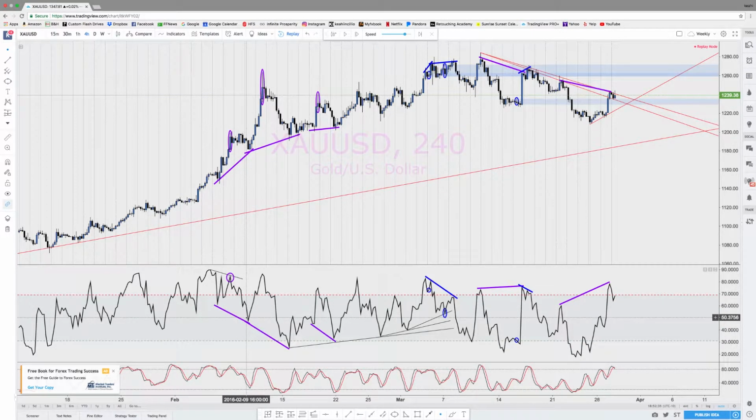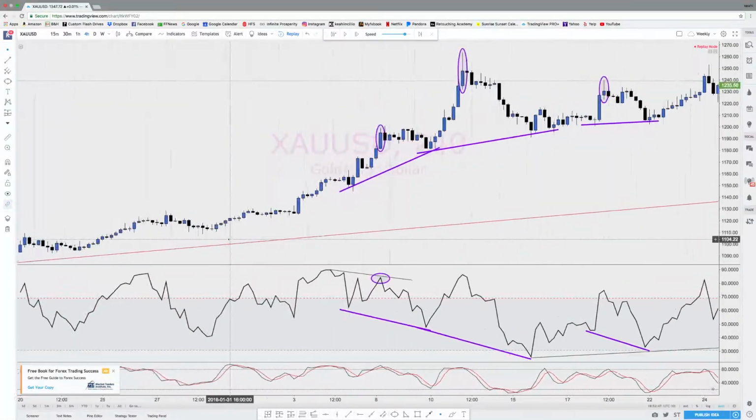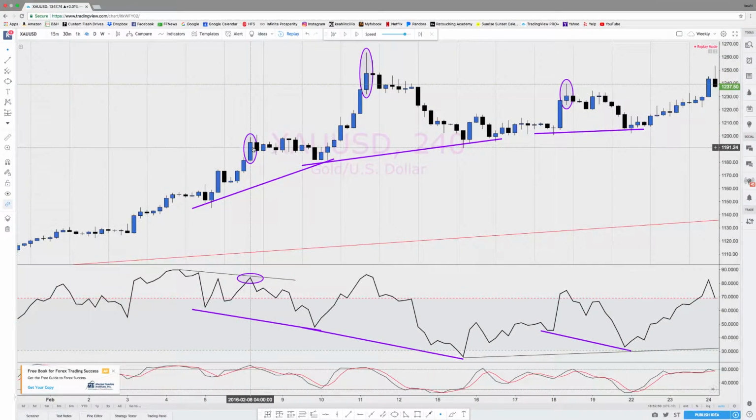So in order for this divergence to play out, there has to be a level price should break and then be able to create new highs. And the way I found out to find that level is by finding these zone candles. So if we look at this candle here, I say that this is the candle price needs to break to make a new high. This is the strength right here.